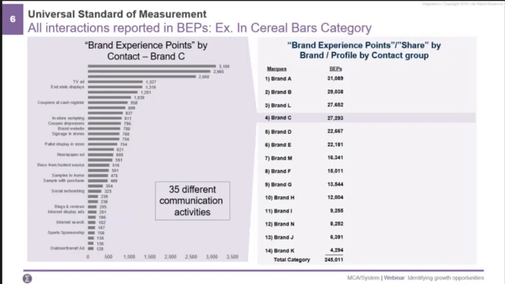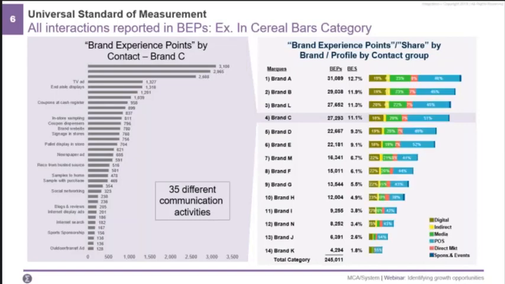So we know our total brand experience points and we know our competitors', and you can break those down into groups of contacts, so we know exactly how much we are achieving in point of sale activities, in mass media, in digital, and so on, and we can benchmark versus competitors. A big part of understanding where to find growth lies there. It's where can we win versus competitors, and where are we currently not winning.